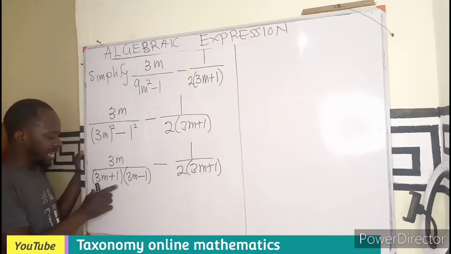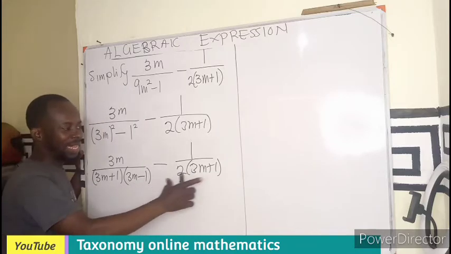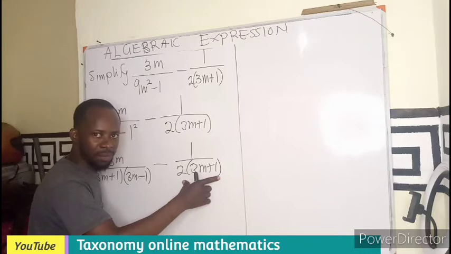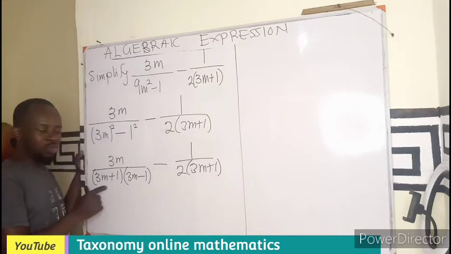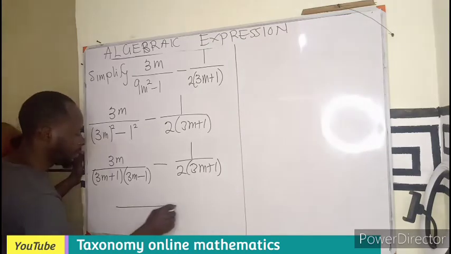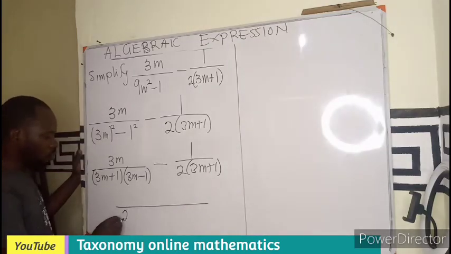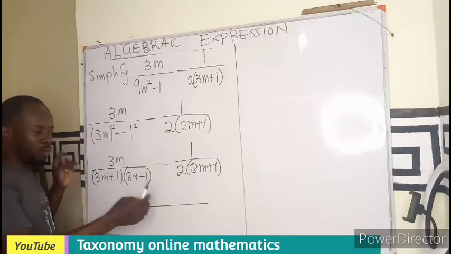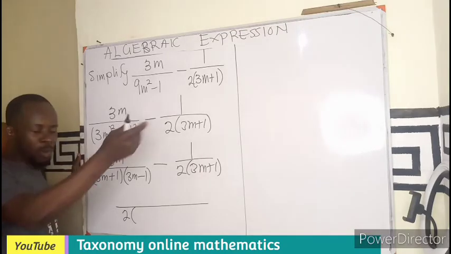So I'm not going to say this bracket times this, because this is featuring here. So I pick one of them. It is a common factor. So my LCM is just going to be 2, which is also a factor. We need to multiply with the next to get a multiple.